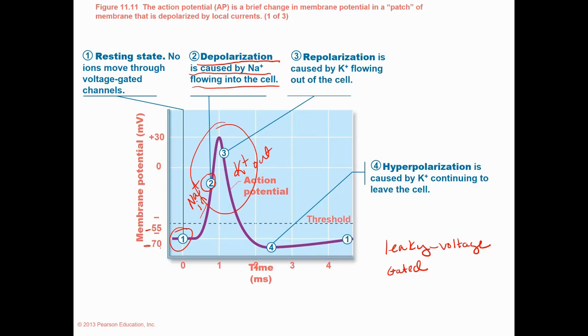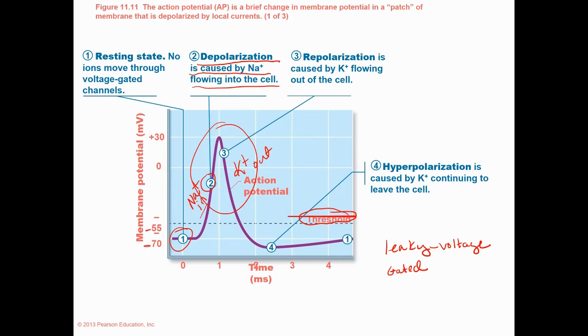So it was at negative 70. And basically, you can see the threshold here. It's something known as the all or none phenomenon. So when sodium ions come in, and they reach that negative 55, that's known as the all or none phenomenon. If it hits here, it's going to fire. So here it's firing, and this is going to start sending that action potential.